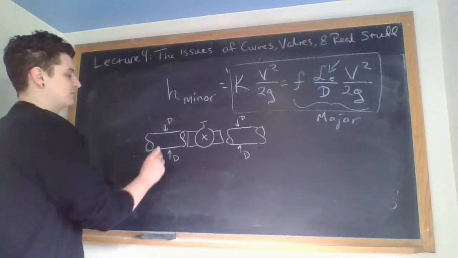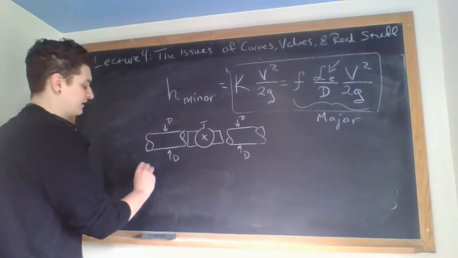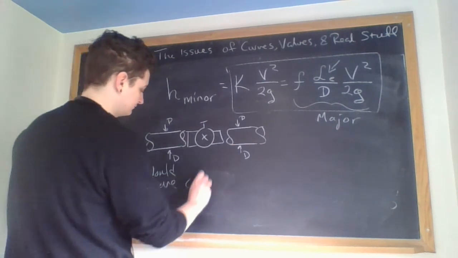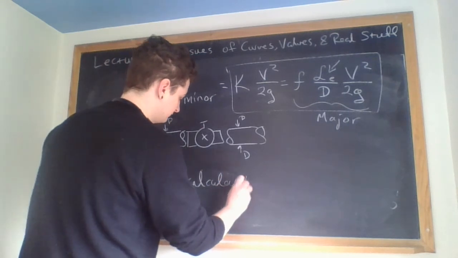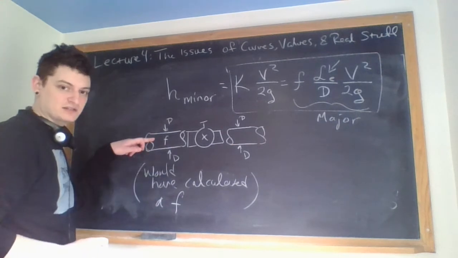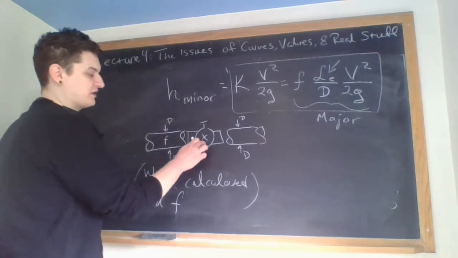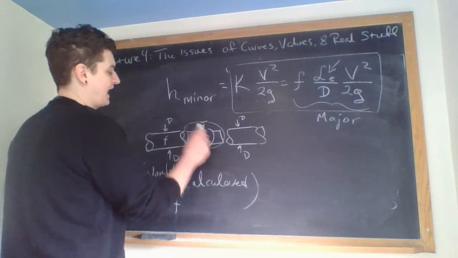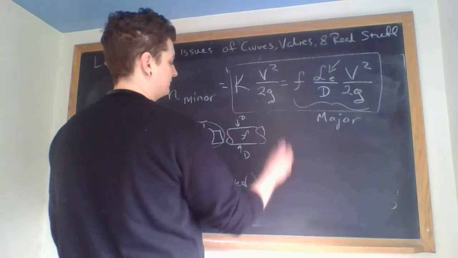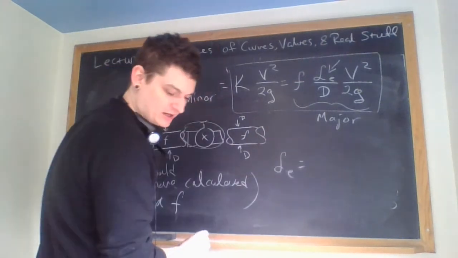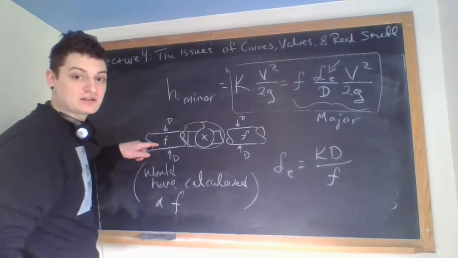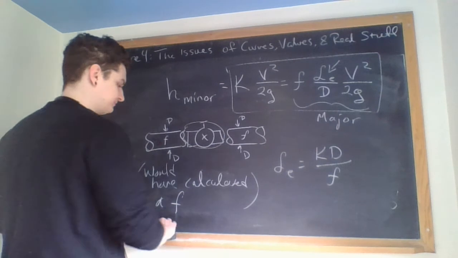Okay, so for this major head loss, you would have calculated, right, for this one, you would have had an F associated to it. Now, if you have some component right here, and it's the same diameter, well, it's going to have the same friction factor. So for your equivalent length, right, what's the equation? It's just this exact one that's associated to the long straight section pipe problem.